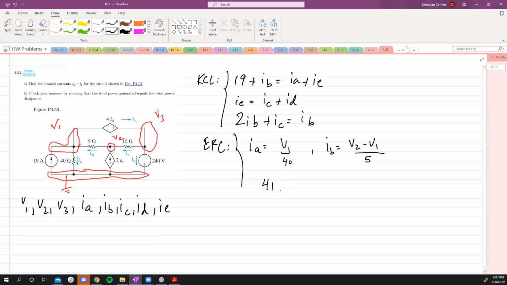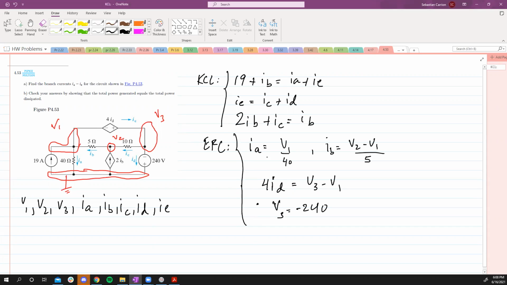We know that ID is equal to V3 minus V1. Well, we know that V3 is actually negative 240, so I messed up there. I should have put that, but anyways, we can keep going.